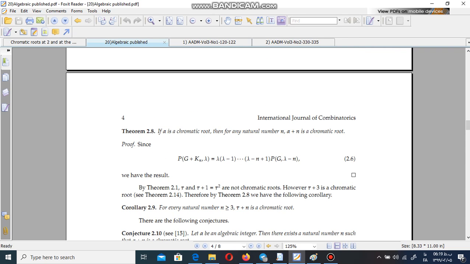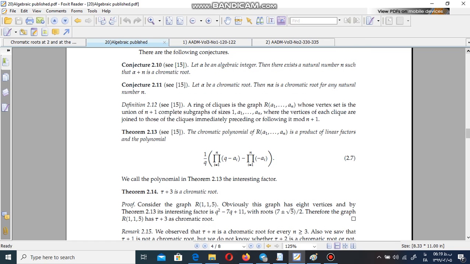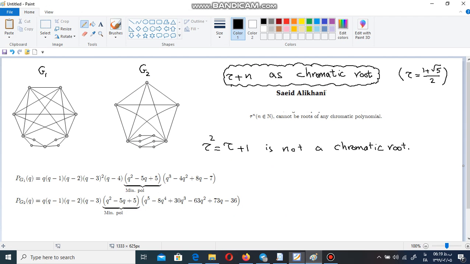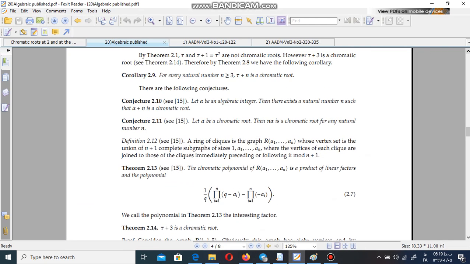We have Theorem 2.8 that says if alpha is a chromatic root, then for any natural number n, alpha plus n is a chromatic root. In this paper, we have shown that tau plus 3 is a chromatic root, as you see here in Theorem 2.14. So tau plus n is a chromatic root for every n greater than or equal to 3.